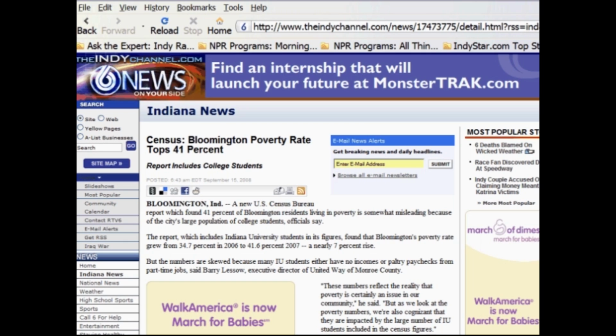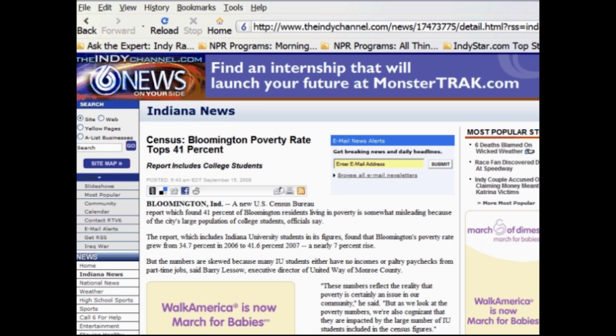We see this report: census, Bloomington poverty rate tops 41%. But the next line states a key indicator for understanding that high poverty rate: the report included college students. And there are exceptions, especially at Bloomington, but most college students aren't the super wealthy. So they account for that high poverty rate.